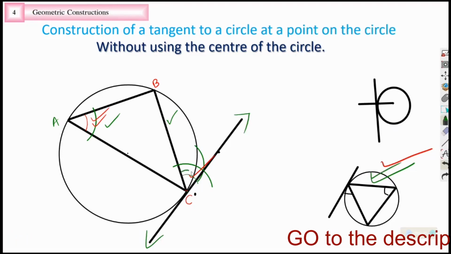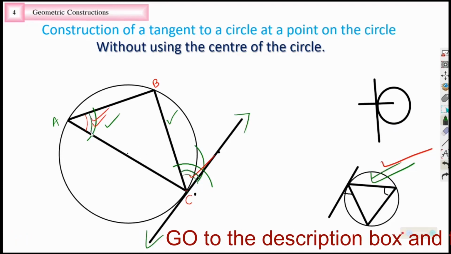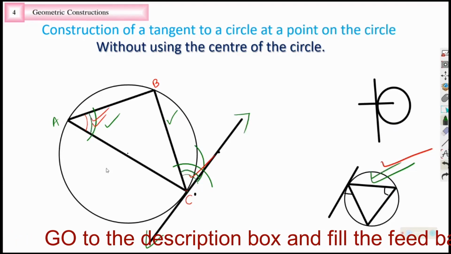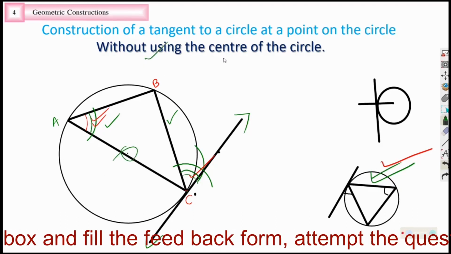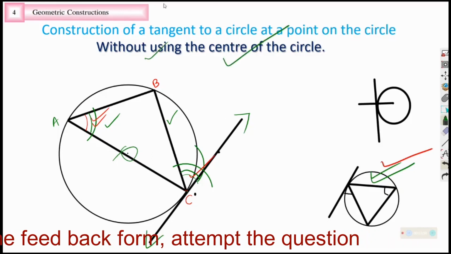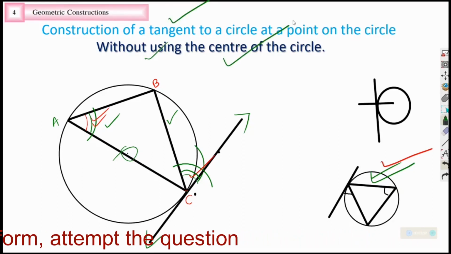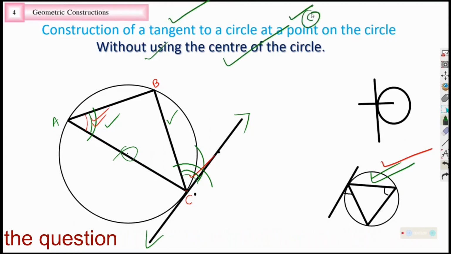This angle and this angle I copied. I have not used this center for any purpose. Without using the center, I could draw a tangent at a point, in this case C, on the circle. Understood, my dear students? This is a construction.